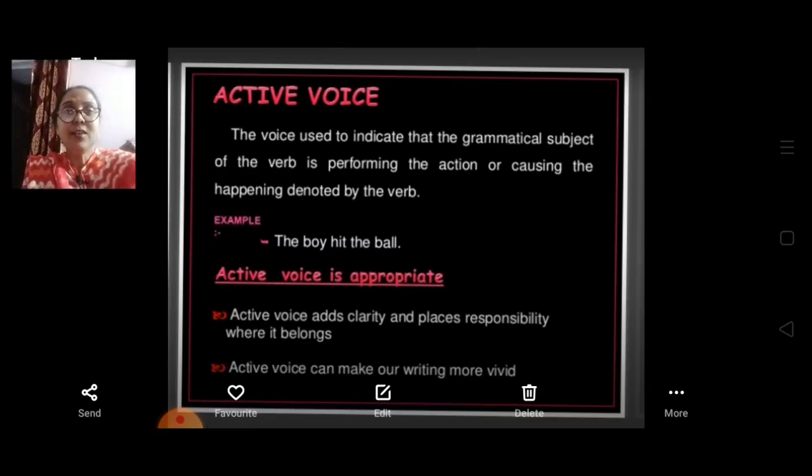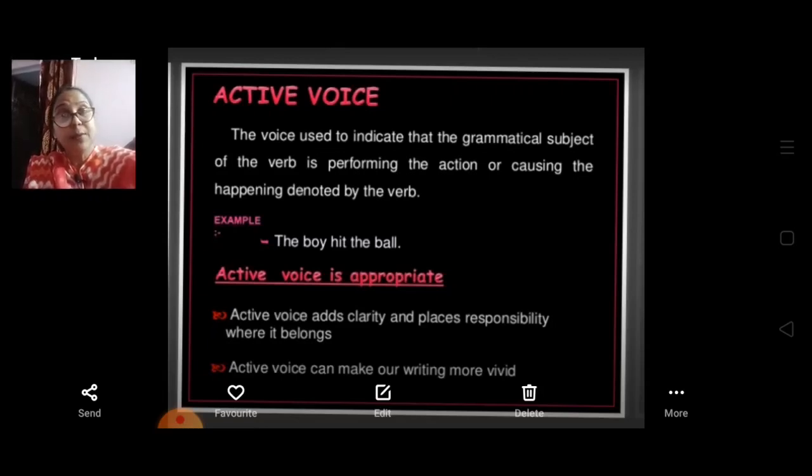So the voice is used to indicate that the grammatical subject of the verb is performing the action. From the definition of the active voice you can see this: the voice used to indicate that the grammatical subject of the verb is performing the action. So the subject is performing the action or causing the happening denoted by the verb.